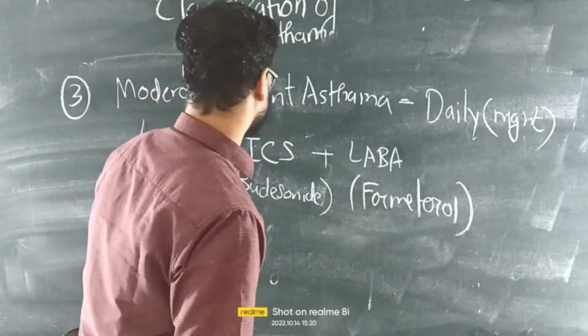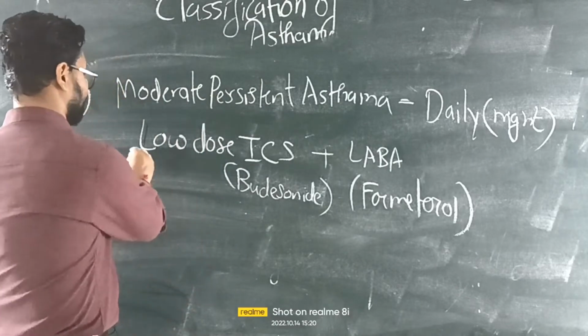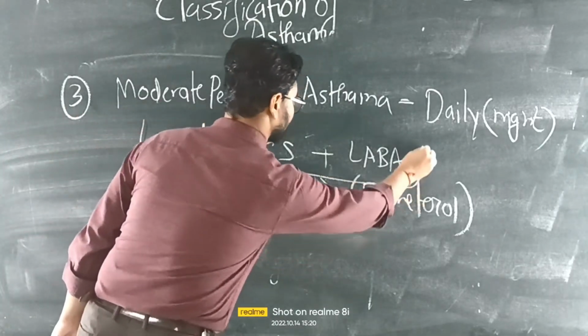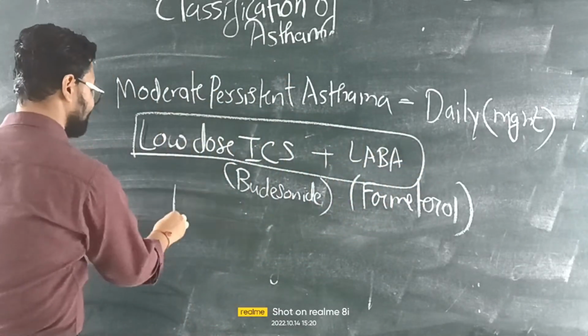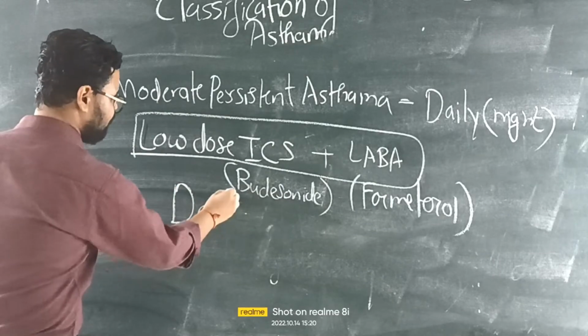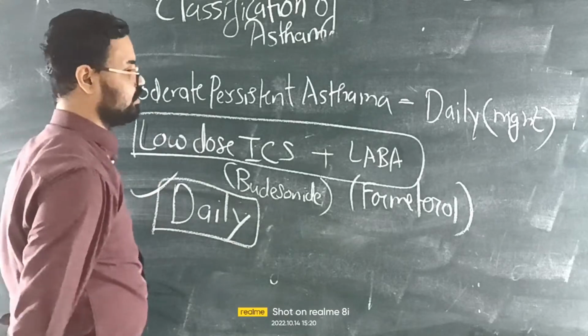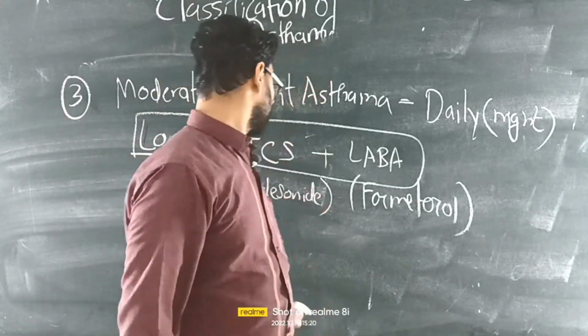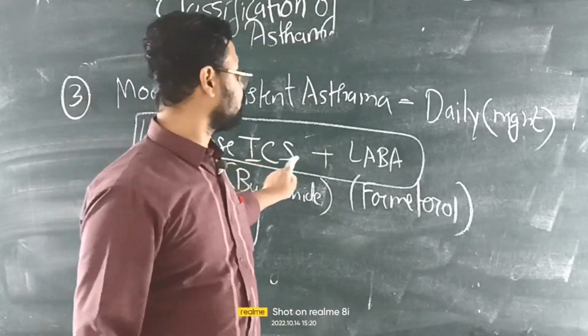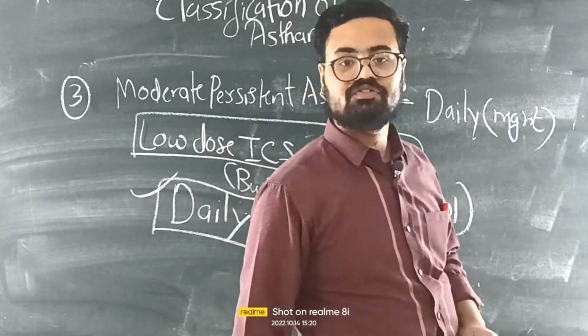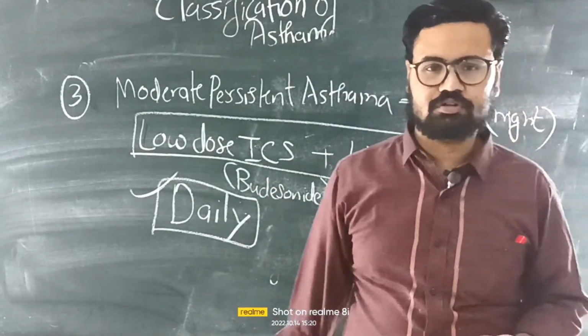Special point to remember, here we will give this drug daily. I already mentioned low dose inhaled corticosteroid and long acting beta 2 agonist in the intermittent asthma also.